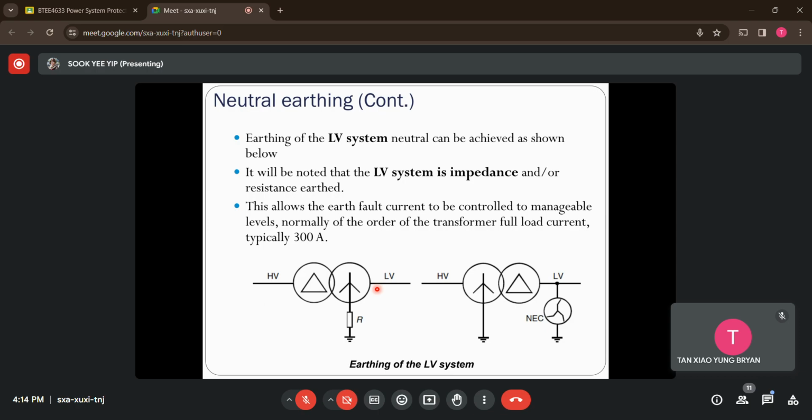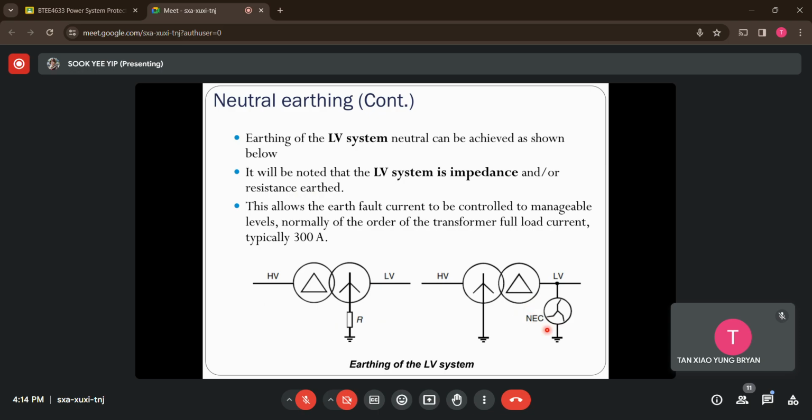At the neutral point, you connect an earth resistor or an impedance value. This is one way. The other way, if it's configured in delta connection, seeing as there's no neutral point, we can implement what is known as an NEC, neutral earth controller, which can control the earth resistance value at the low voltage winding side.